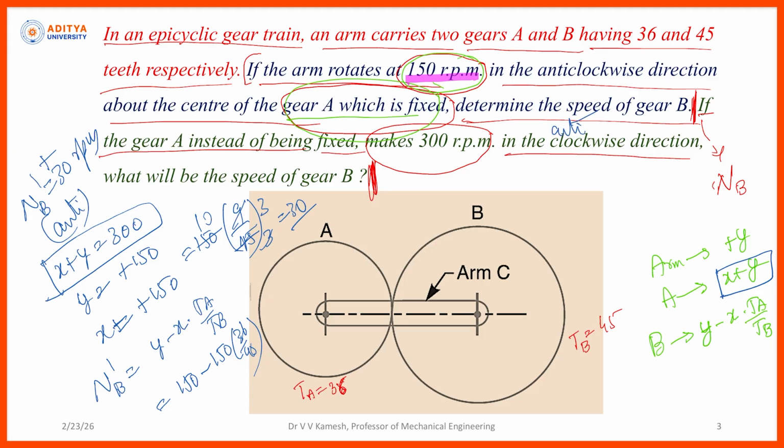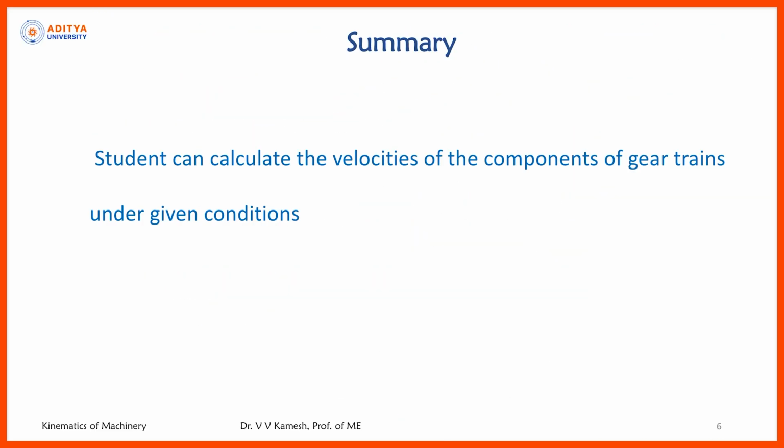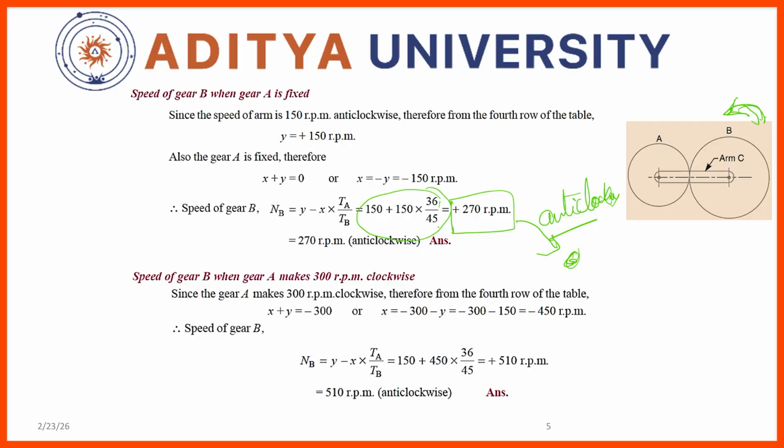Two conditions we can apply here. Anti-clockwise direction is plus 300. If it is clockwise, then I can find the equation simply like this: x plus y is equal to minus 300 and y is 150. Then I can find x is equal to minus 450 RPM.